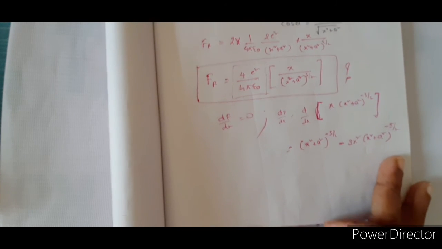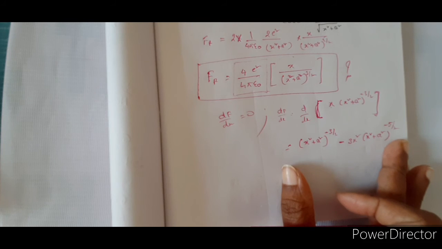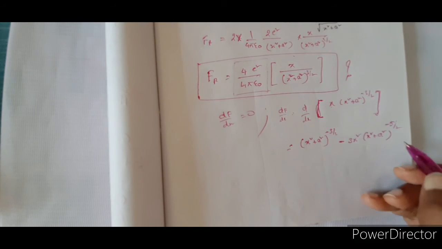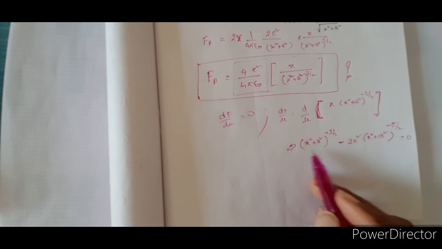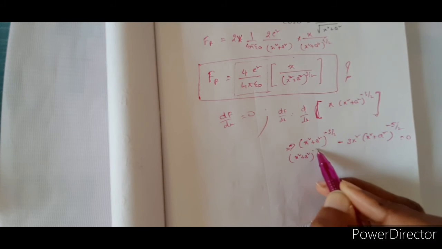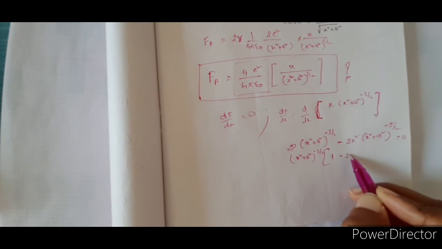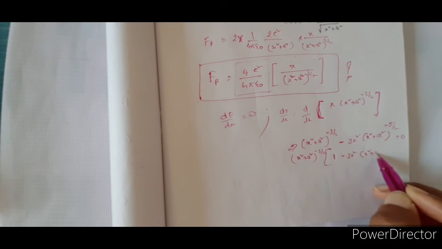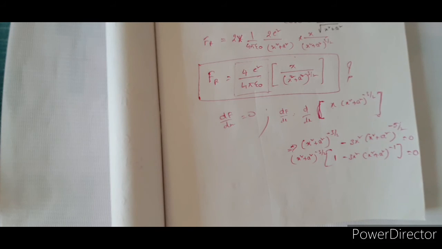Right. Now I wanted to find out at what x, that means at what distance this happens, is it not? That means this has to be equated to 0. Implies this is equal to 0. So now when you take (x square plus a square) whole power minus 3 by 2 as common, you will get 1 minus 3x square into (x square plus a square) whole power minus 1 is equal to 0, is it not?